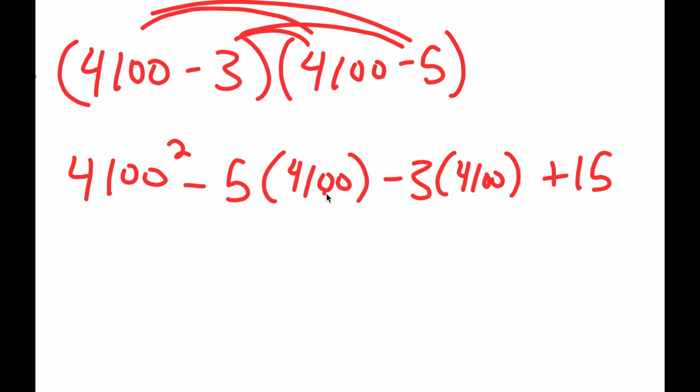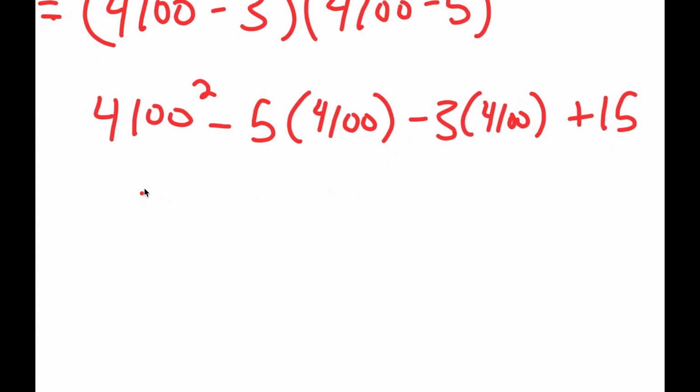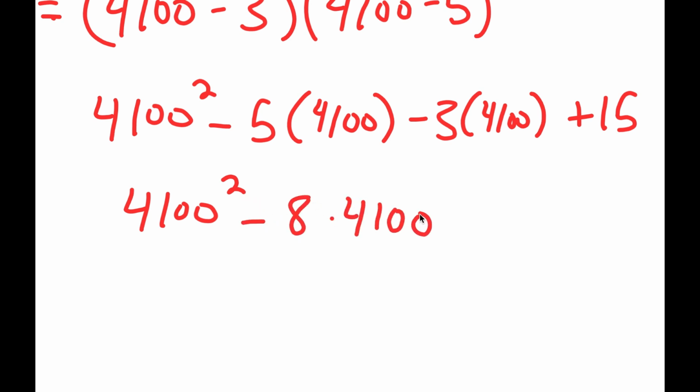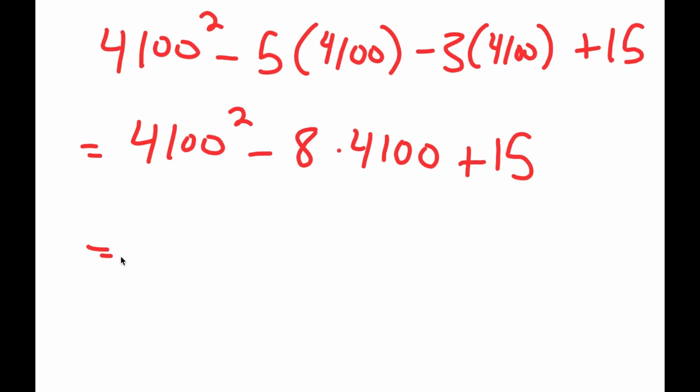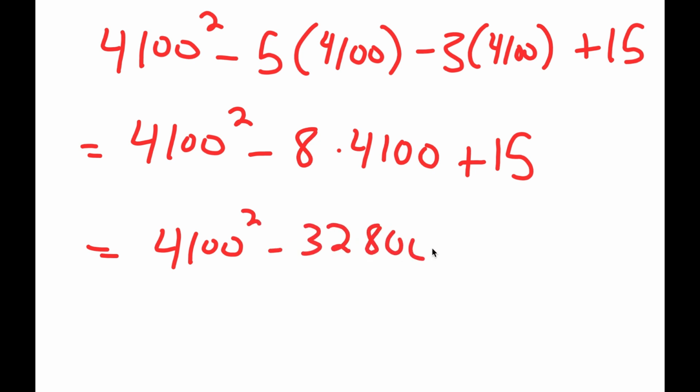And negative 5 times 4100 minus 3 times 4100 is the same thing as negative 8 times 4100. Now from here, 8 times 4100 is equal to 32,800, so I have negative 32,800, plus 15.